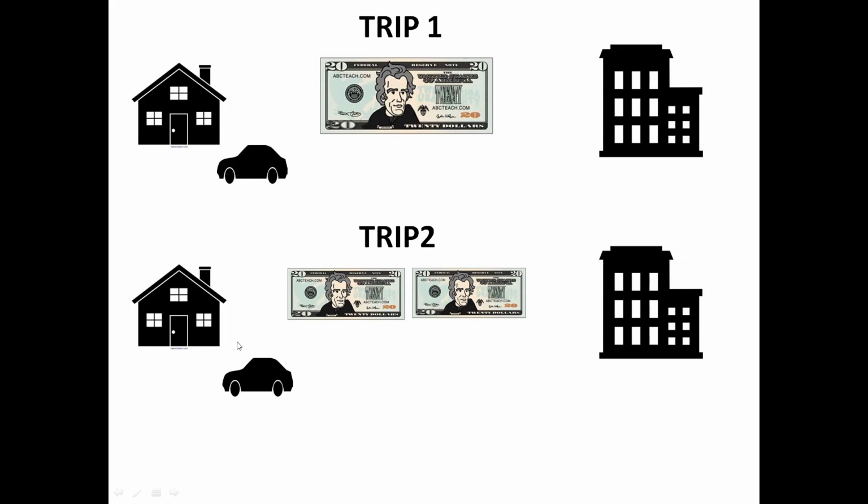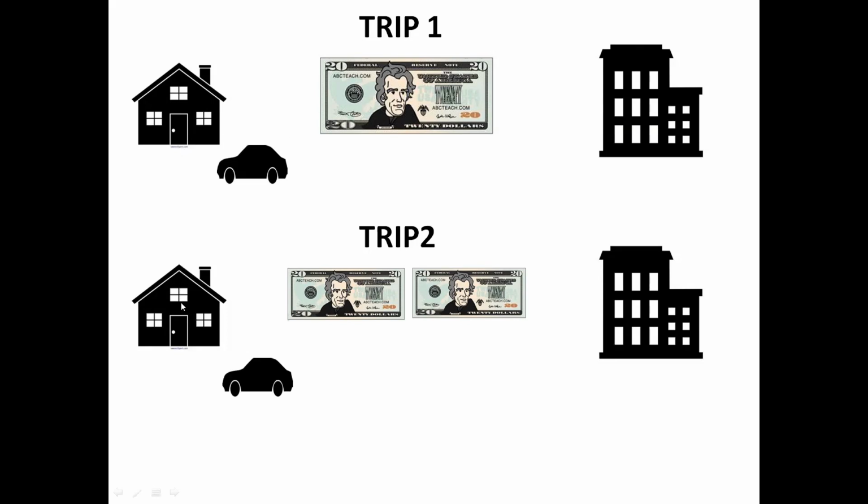In this example right here, the work that's being done is you're going from home to work, from work back home. That's all you're getting out of the deal, is the ability to go from home to work and from work back to home.